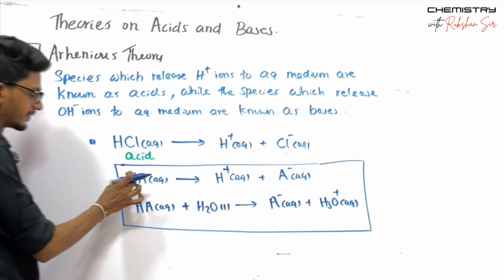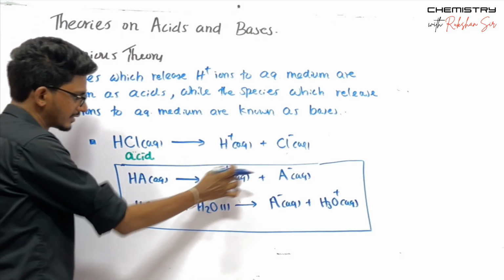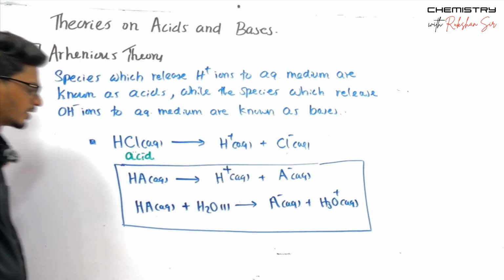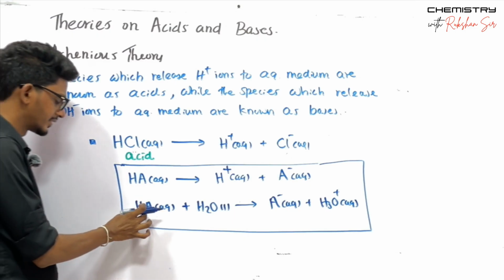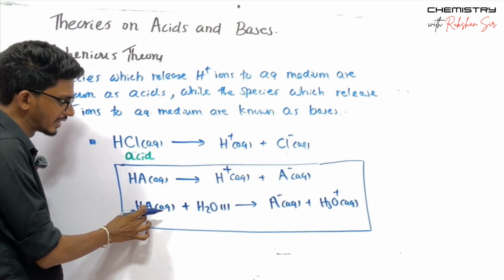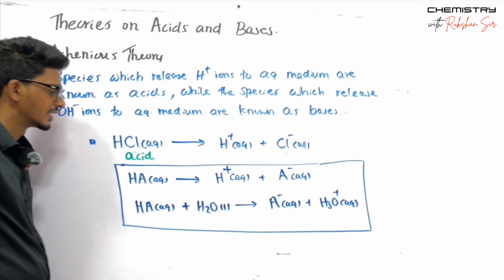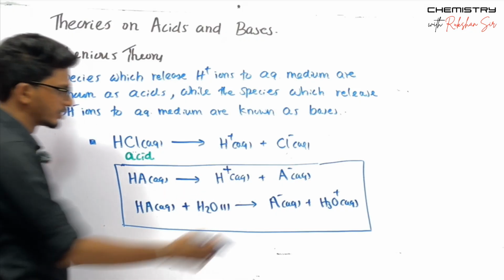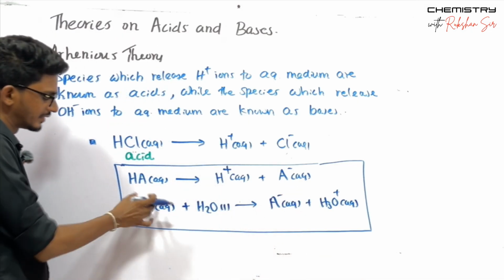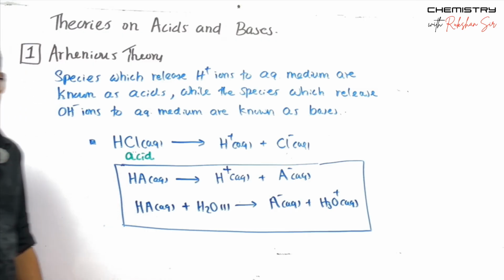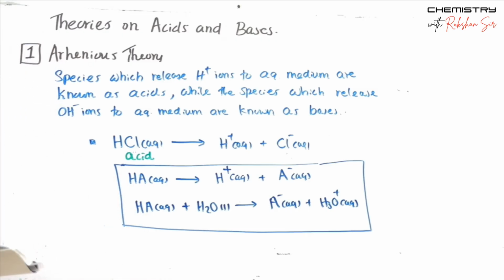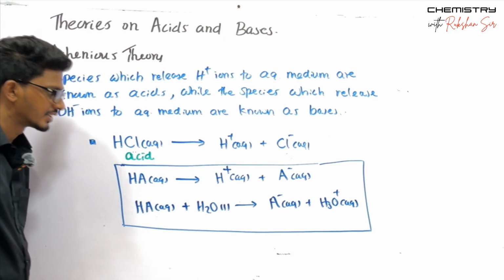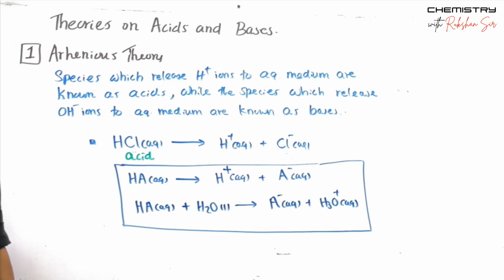So here H plus is released to the aqueous solution in simple form, or one can say that H plus released to the aqueous medium can be grabbed by water molecules in the medium and form H3O plus as well. Still this HA is considered an acid. Species which release H pluses to the aqueous solution are referred to as acids.